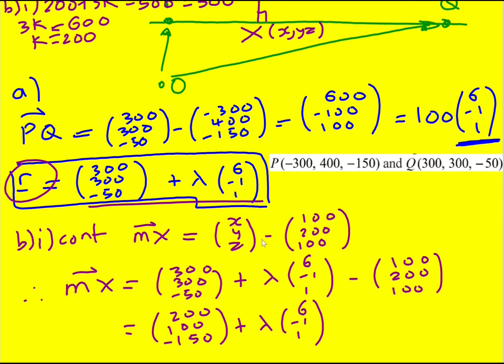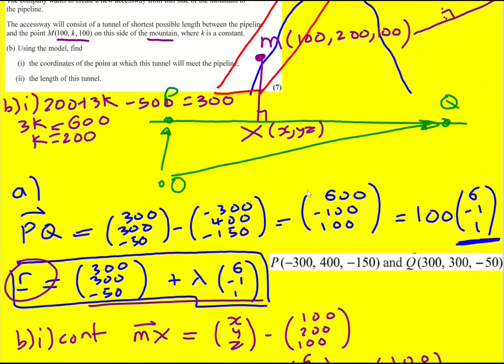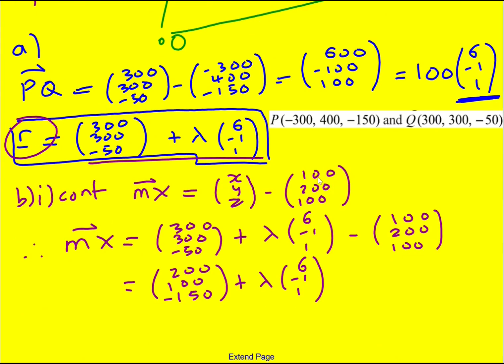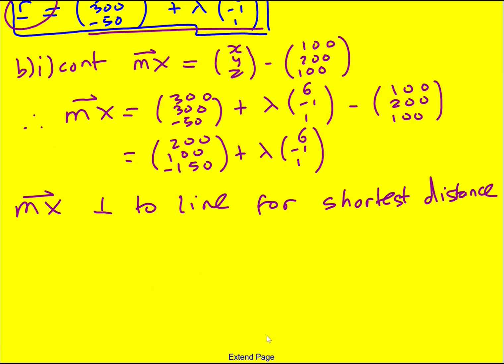Now, because I know that MX is perpendicular to the line, the shortest distance, it must be that MX dotted with the direction vector of the line is 0.